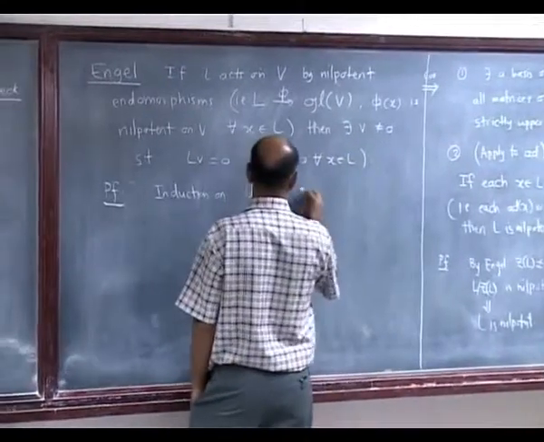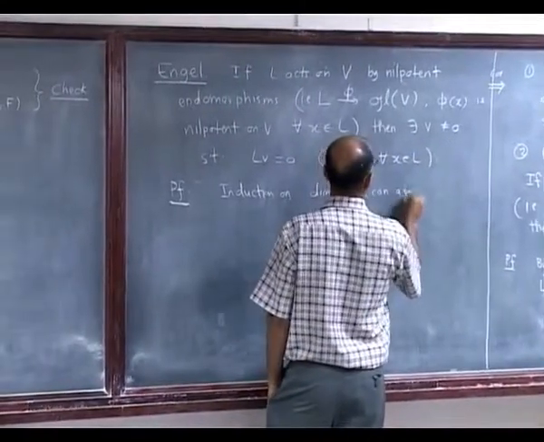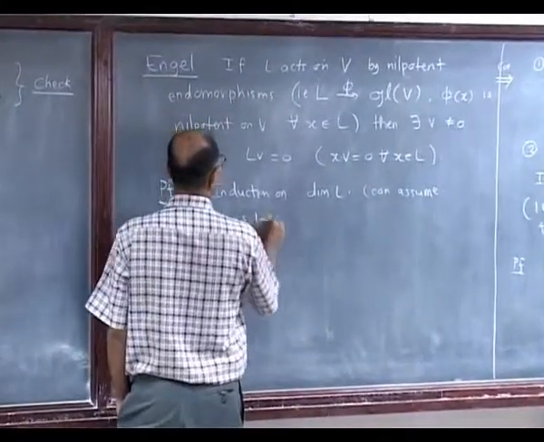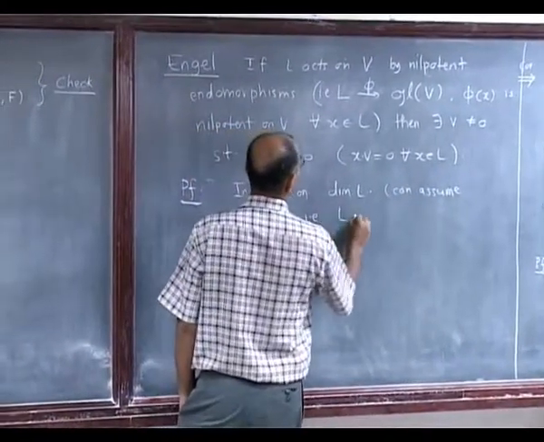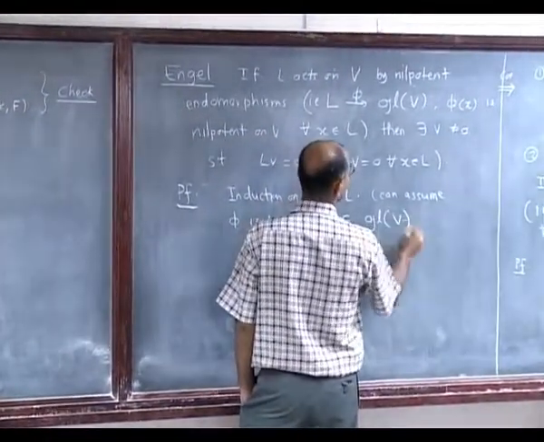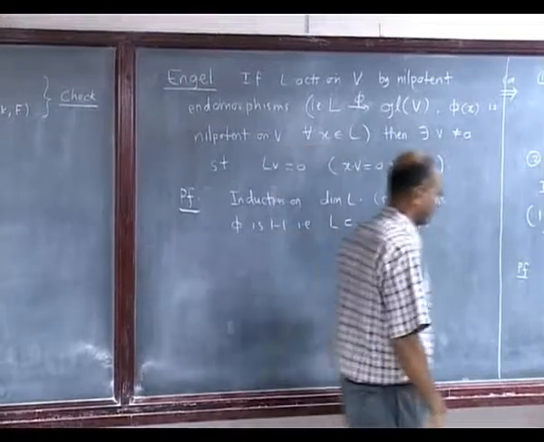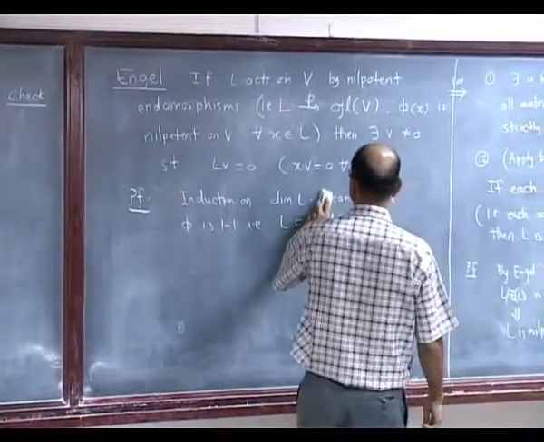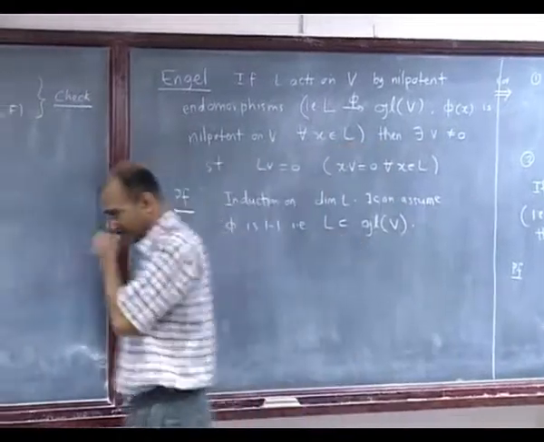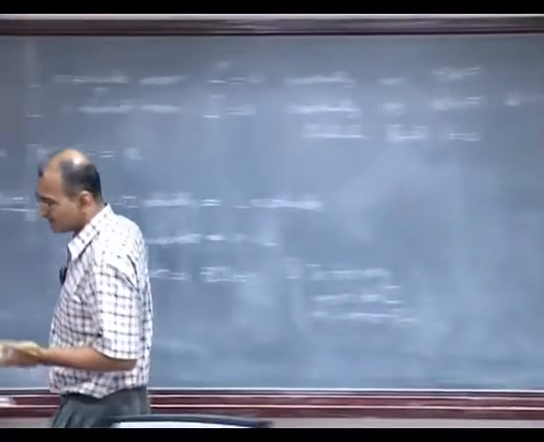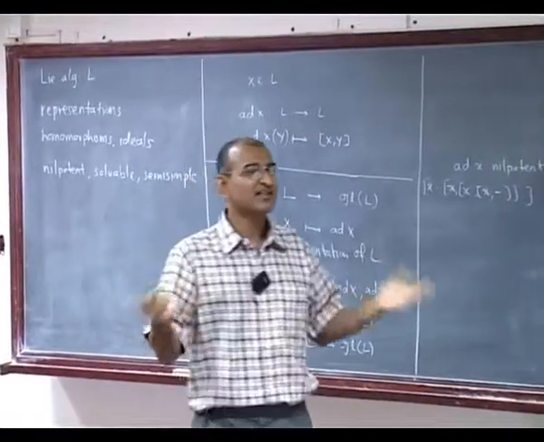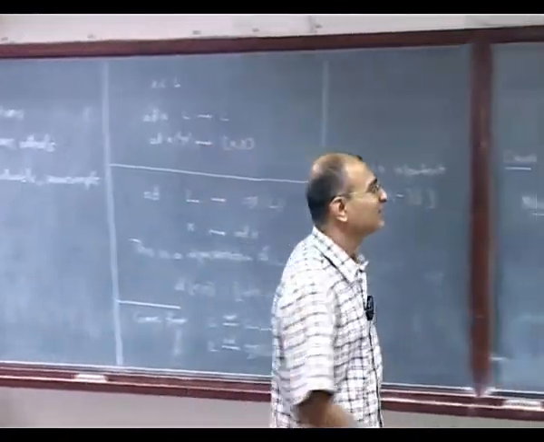So, by induction, I can assume phi is one-to-one, which is to say that, by identifying L with the image, L sits inside this. Since I want to apply induction, I want to find something within it which is as large as possible, where I look for a common eigenvector.